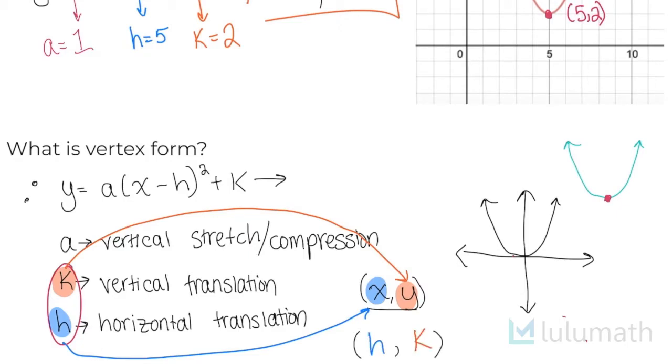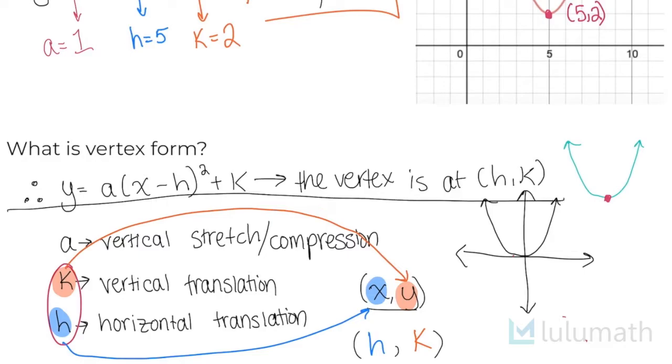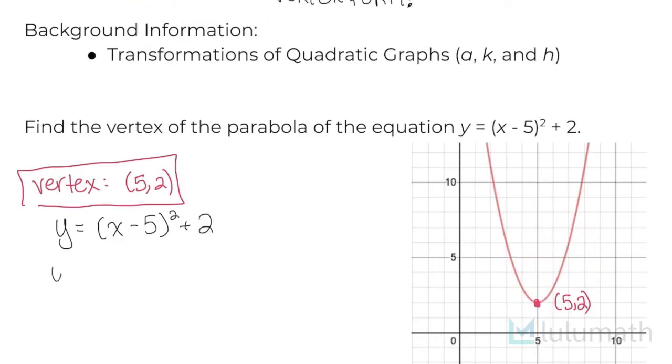So therefore, we can say that when a parabola is written in vertex form, y equals a times the quantity x minus h squared plus k, the vertex is at h, k, always.